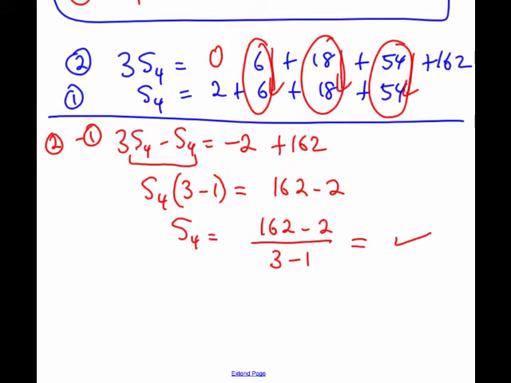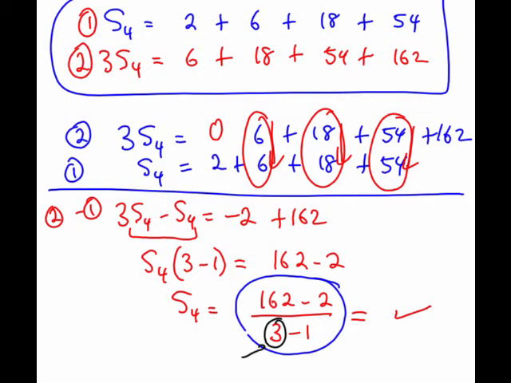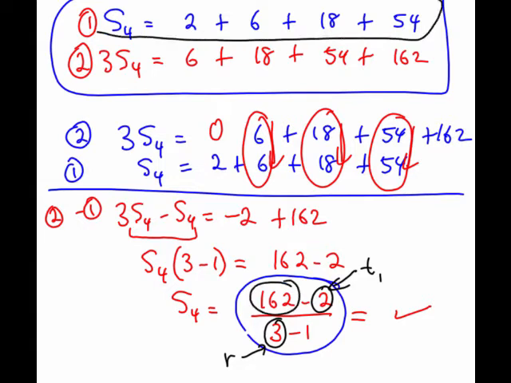Now the question I want you to consider is, can I see where these numbers are coming from in terms of my original series? Well, the 3 here is our r value. The 2 here is my first term, term 1. And my 162 doesn't actually appear in the original sequence, but it is the value of the last term multiplied by r.